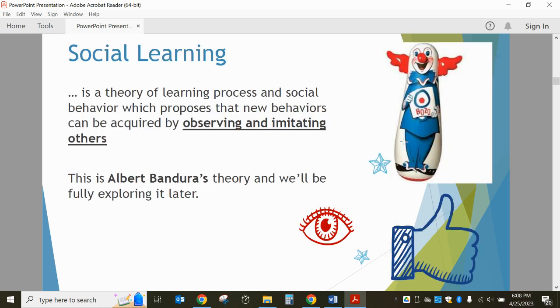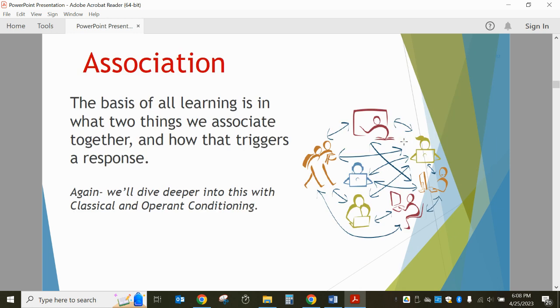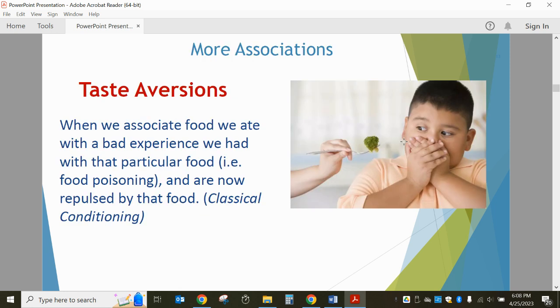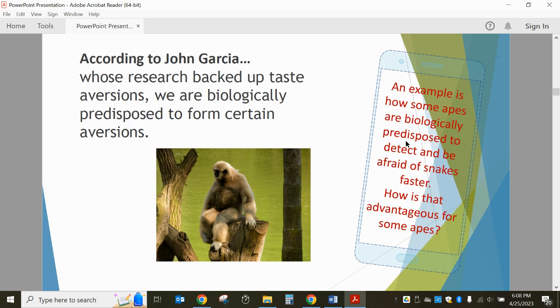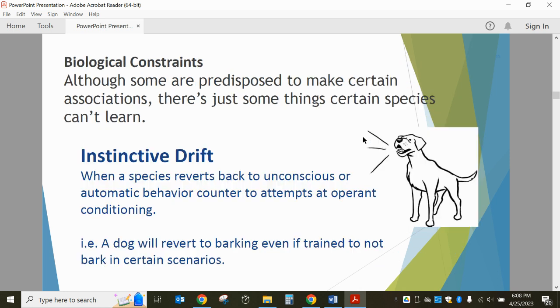Social learning, this was Bandura, says we learn through observing and imitating others. Associations, we'll dive deeper into this with classical and operant conditioning. Taste aversions, this was studied by John Garcia. He said that we are biologically predisposed to form certain aversions. So for example, if you get sick from something, your brain will tell you this made us sick, and next time you will want to avoid that because you got sick the first time.